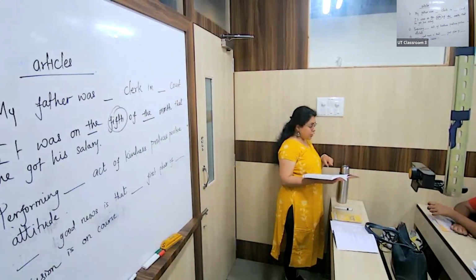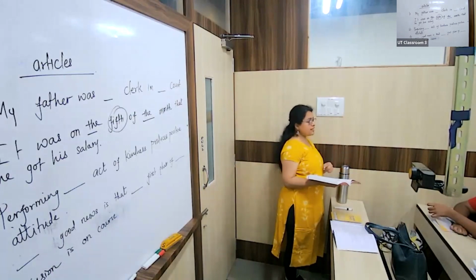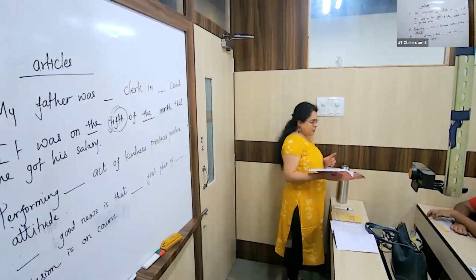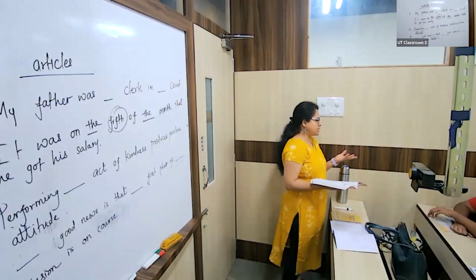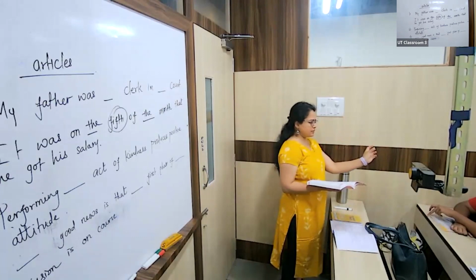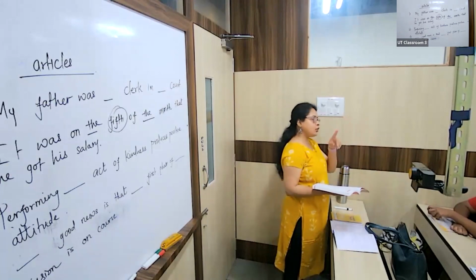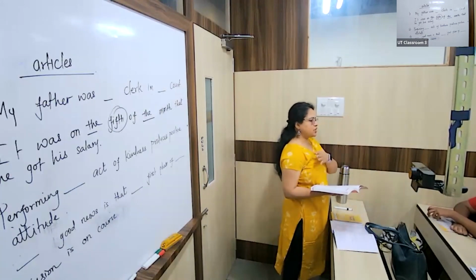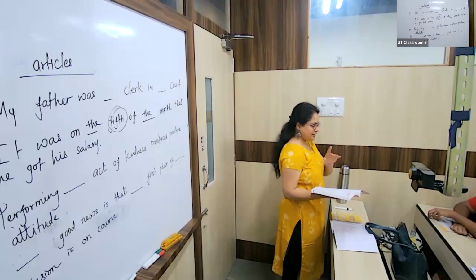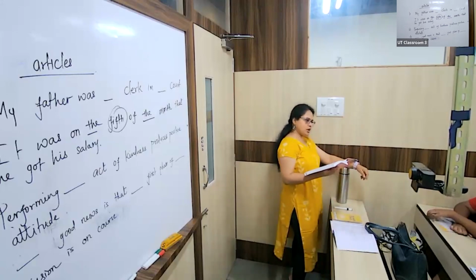When we again talk about this old man, we say the old man. First sentence where we don't know who this old man is, so it will be only an old man. An old man was taken to the hospital. Again, when we are talking about this old man, then we will say the old man had fractured his hip. So remember, otherwise it's just an old man.